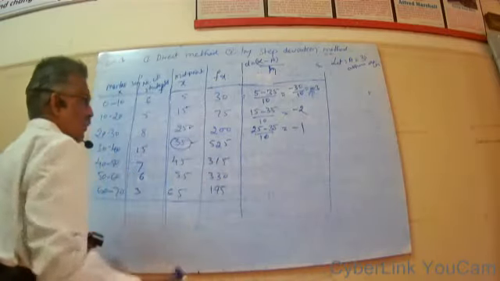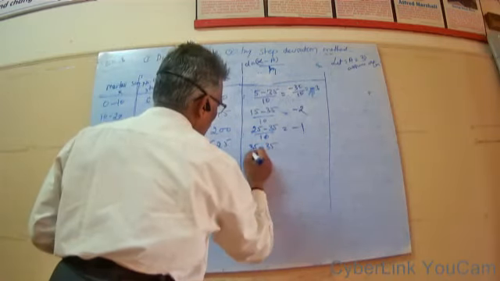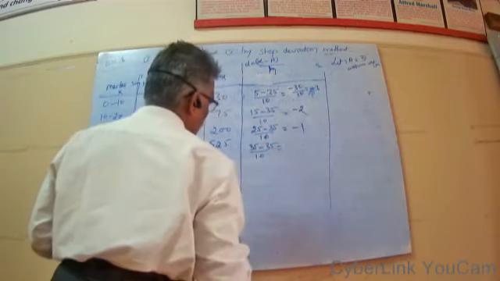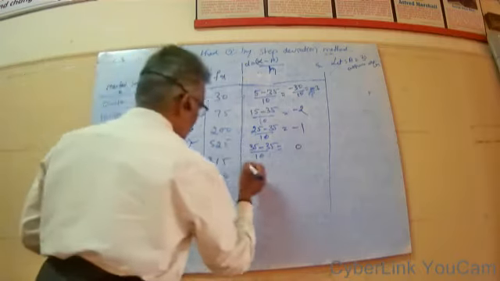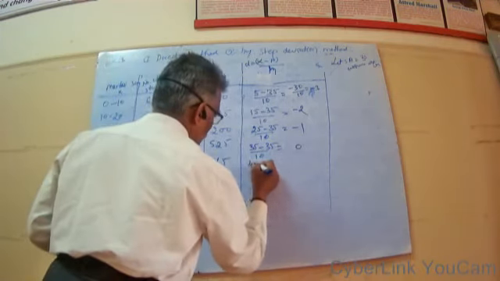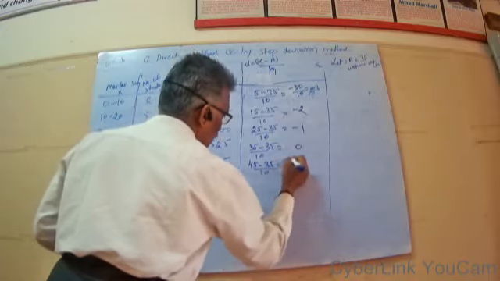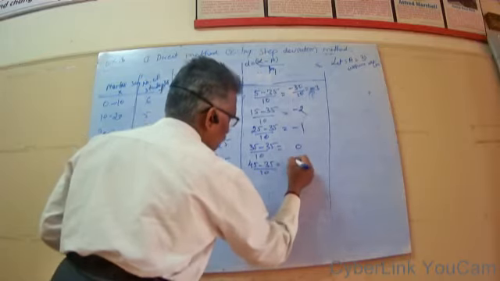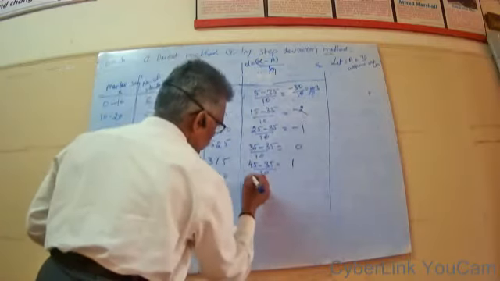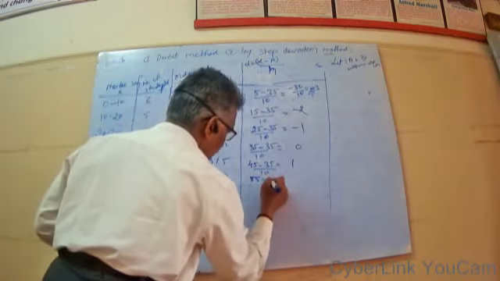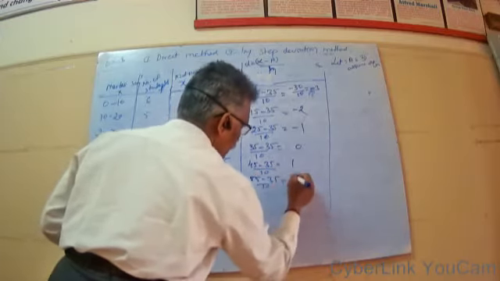Next is 35, the assumed mean. x minus a: x is 35, 35 minus 35 divided by 10 equals 0 by 10, which is 0. This is 45 minus 35, which is positive 10. 10 divided by 10 equals 1. Then 55 minus 35 divided by 10 is 20 divided by 10, equals 2.